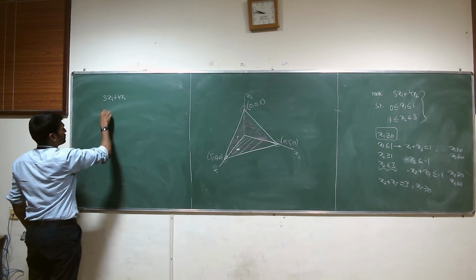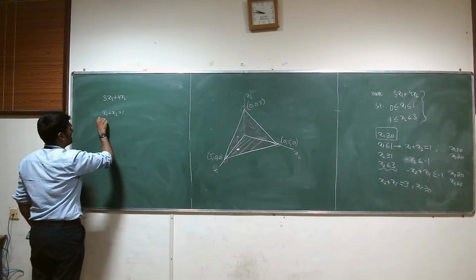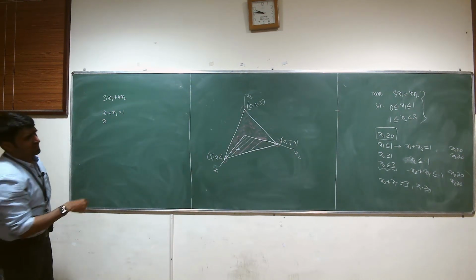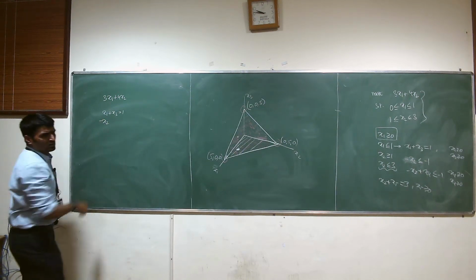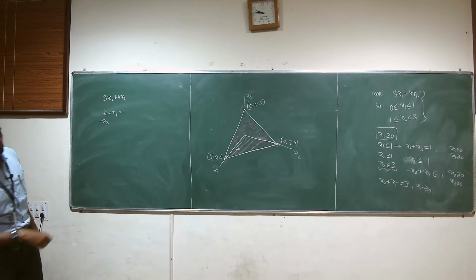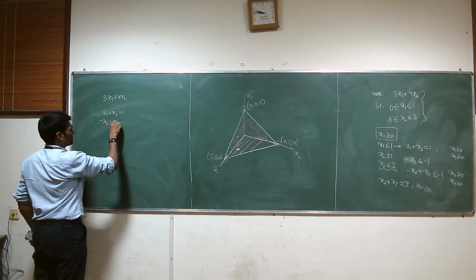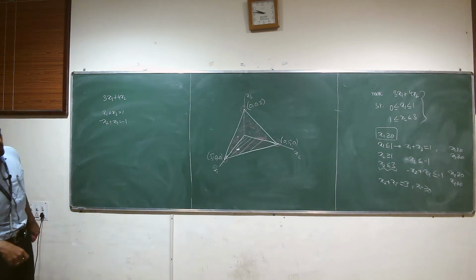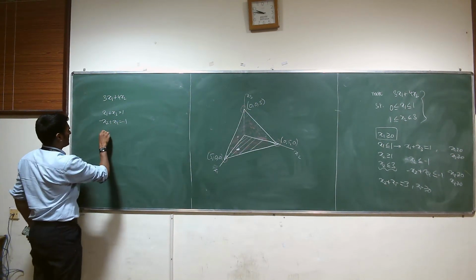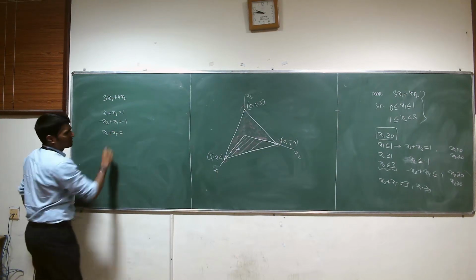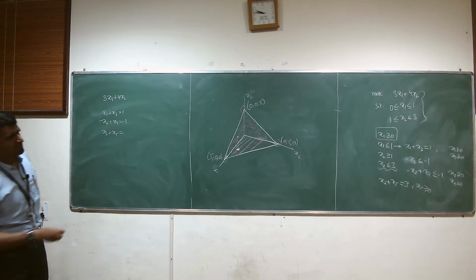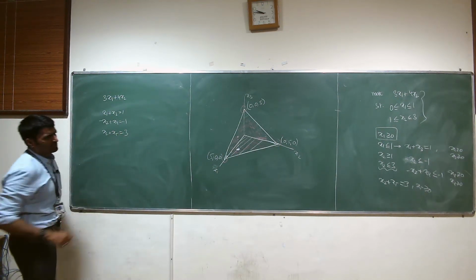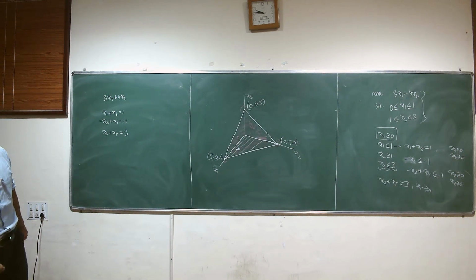Now we have x1 plus x3 equals 1. x2 plus x4 equals minus 1. x2 plus x5. Is that right? Yes.